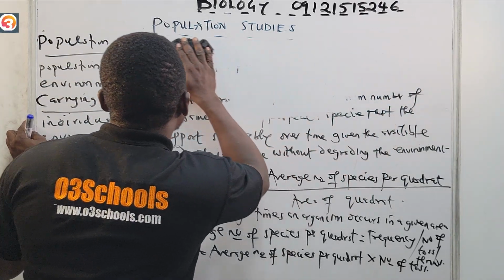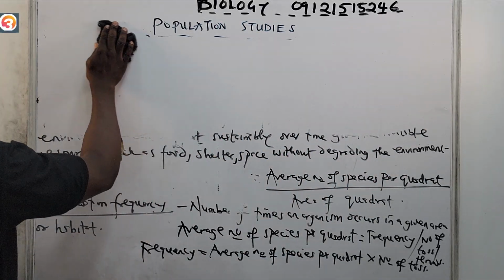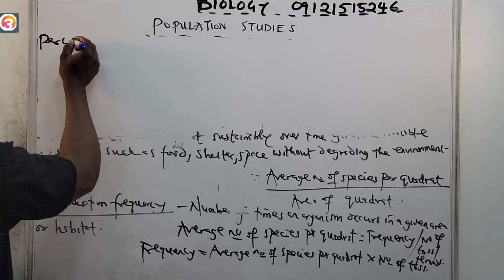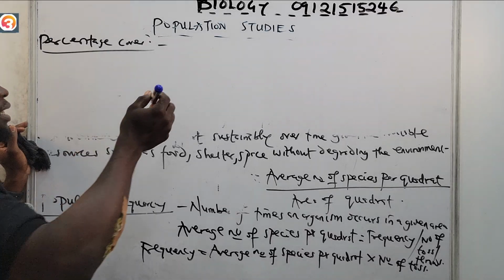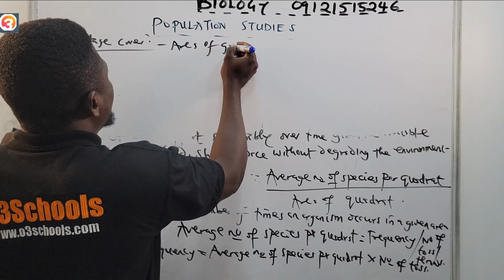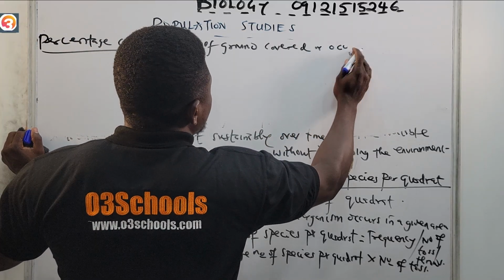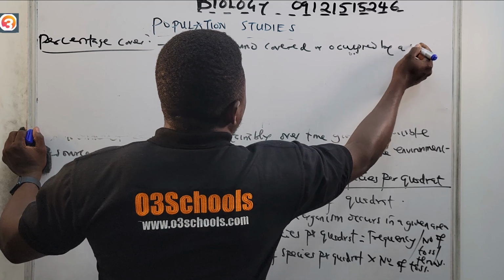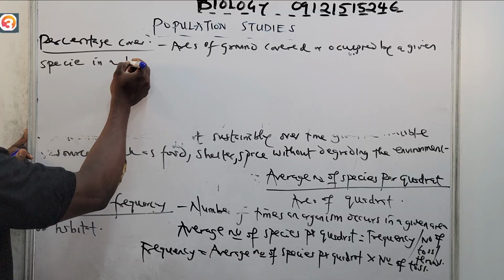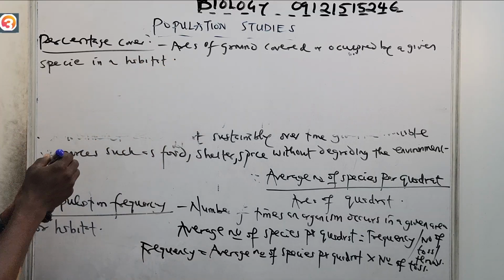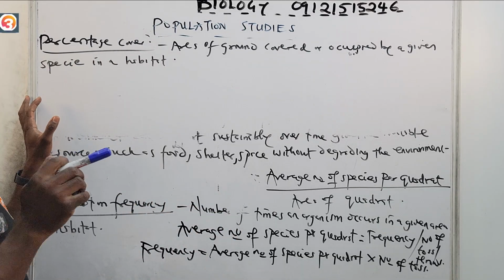Likewise, we also have one other term we'll look at, which is percentage cover. This one is the area of ground covered or occupied by a given species in a habitat.